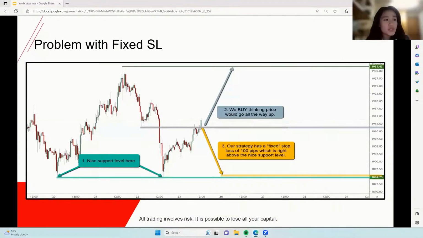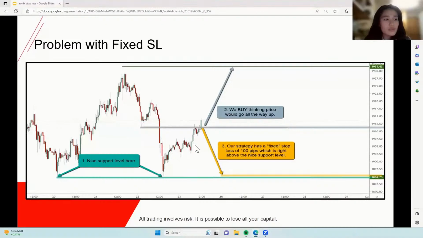Here in this case, we are talking about the problem with fixed stop loss. Earlier we talked about the problem with fixed take profit, so now we're talking about stop loss. Here's an example to show this problem. Here we have a support level, and you can see two swing lows that line up nicely at this support level.